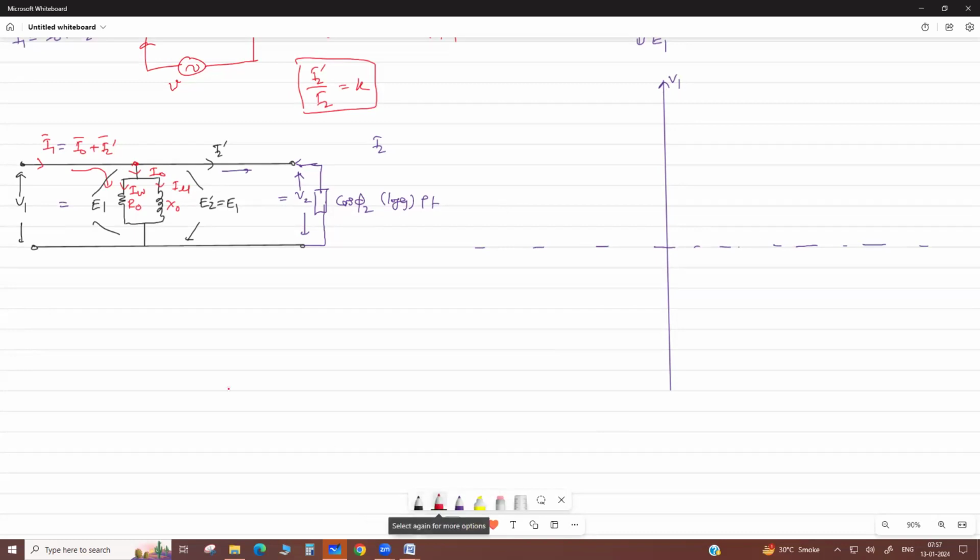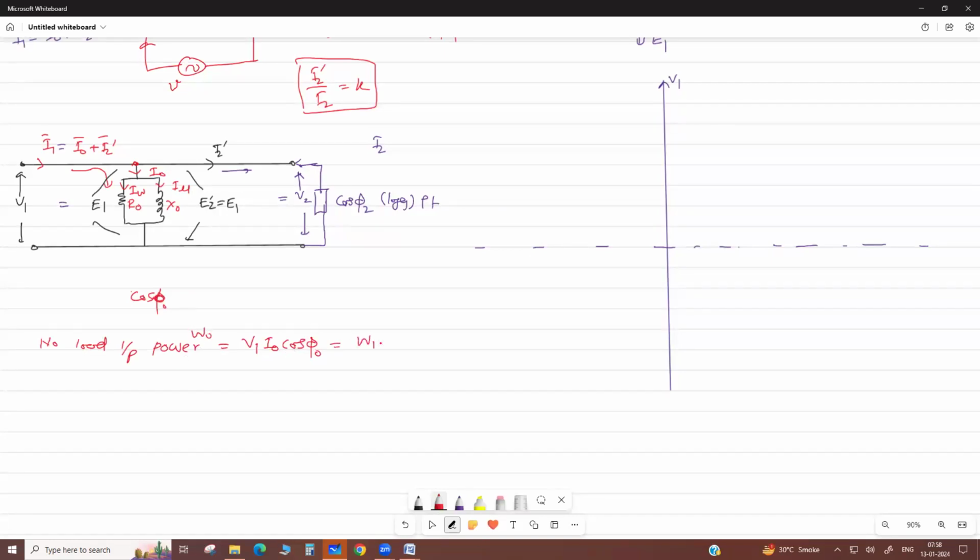I naught is the no load current and cos phi naught is the no load power factor. What is the no load input power? It equals the rated voltage times I naught cos phi naught, denoted by W naught.